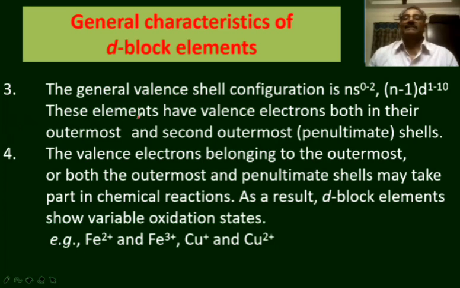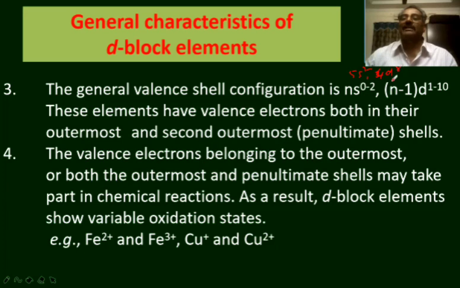The general valence shell configuration of d block elements is ns0 to 2, (n-1)d1 to 10. Sometimes we observe that there are no electrons in the s orbital. That is in the case of palladium, 4d10 instead of 5s2 4d8.